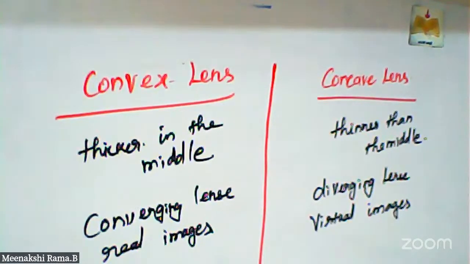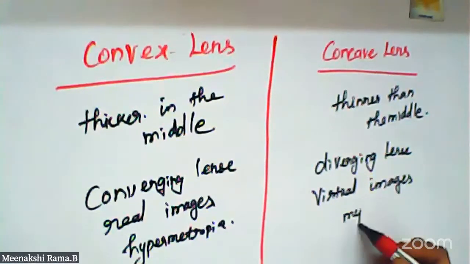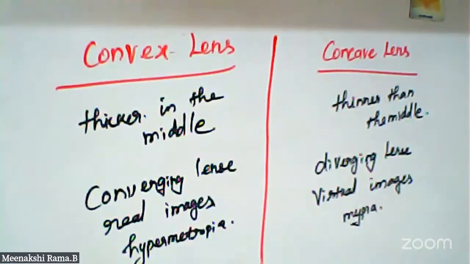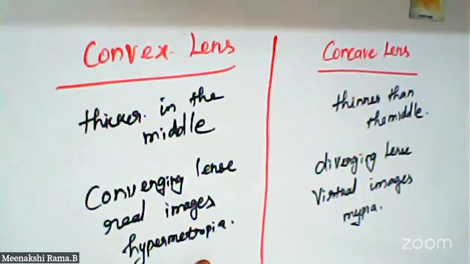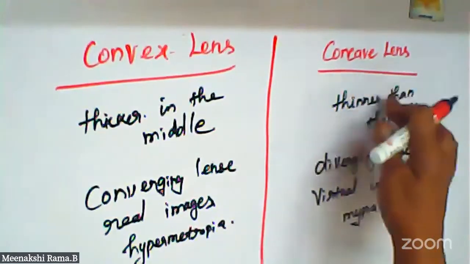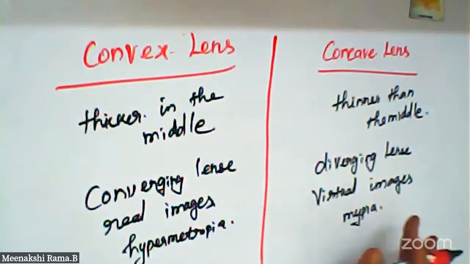And then the next one is treatment of hypermetropia and myopia defects. A convex lens is used for the treatment of hypermetropia. A concave lens is used for the treatment of myopia. These are all the differences.